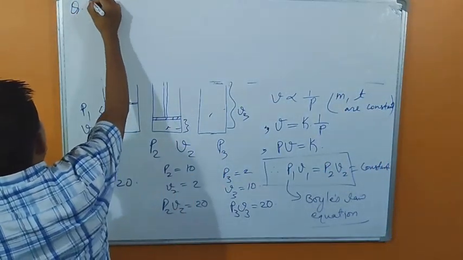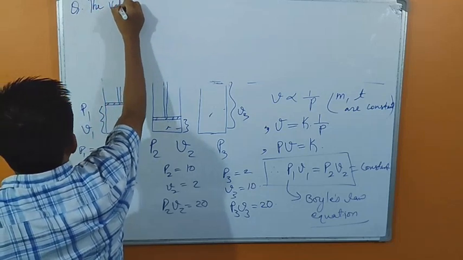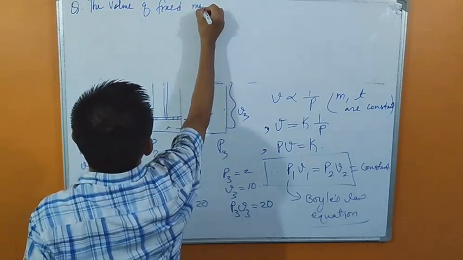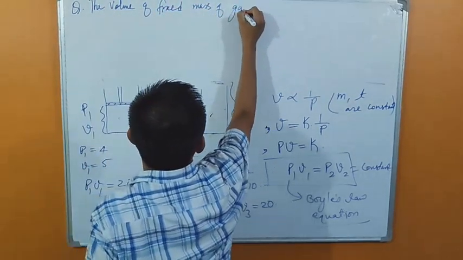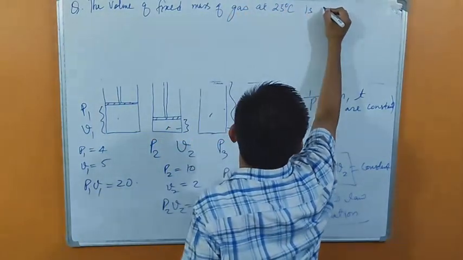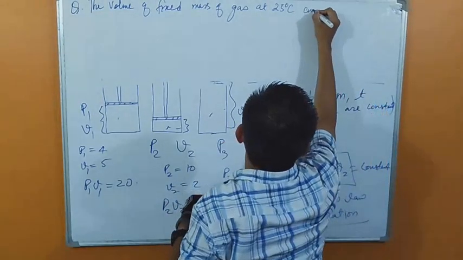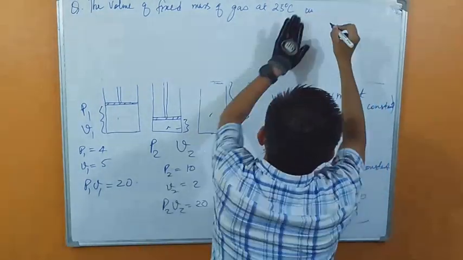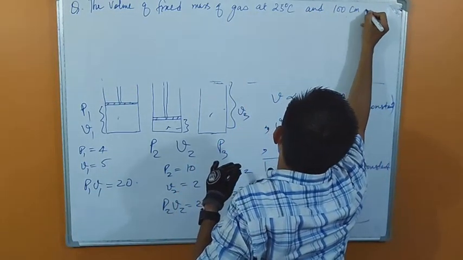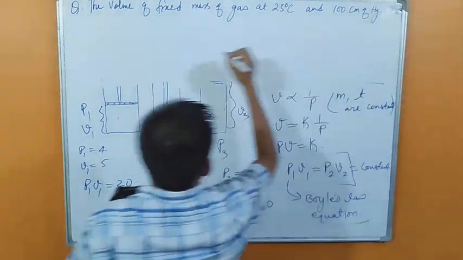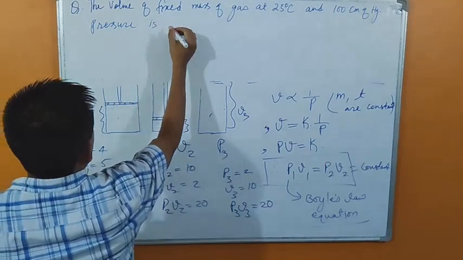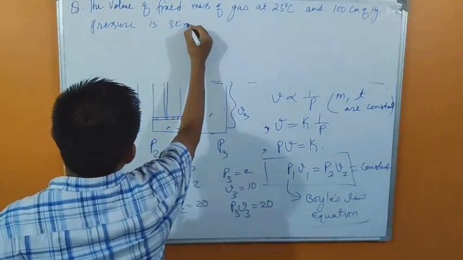Question: the volume of a fixed mass of gas at 25 degrees Celsius and 100 cm of Hg pressure is 80 ml.